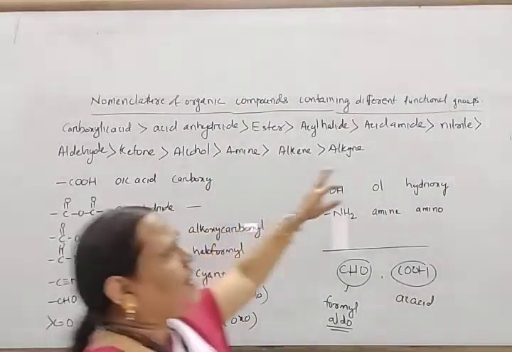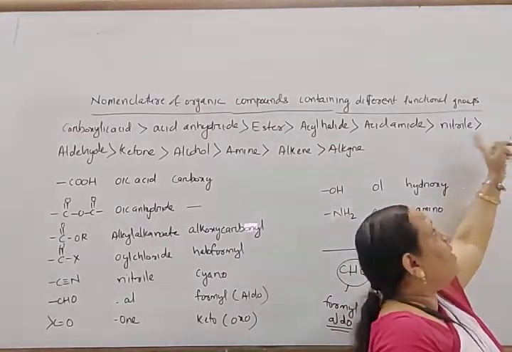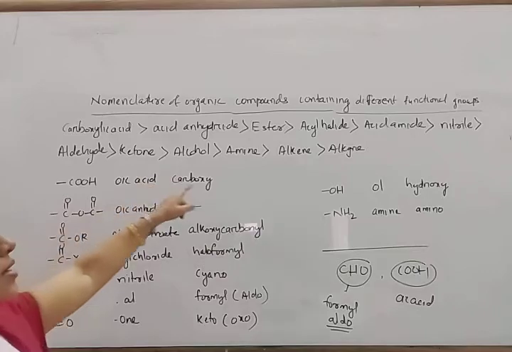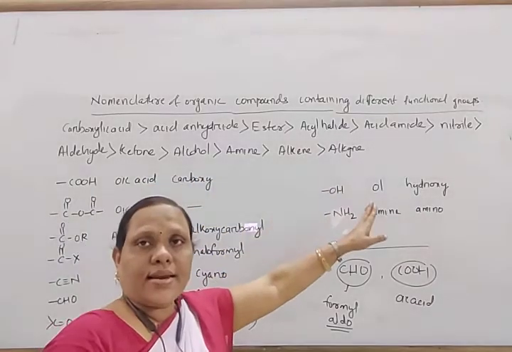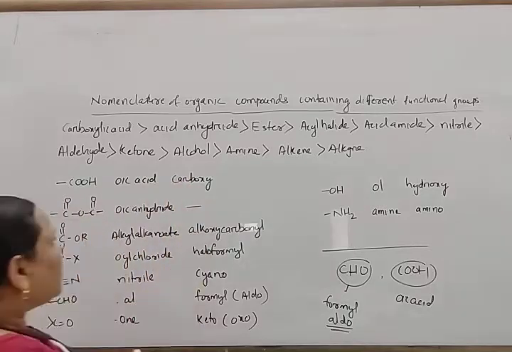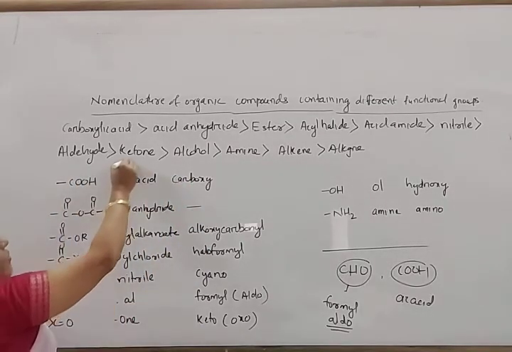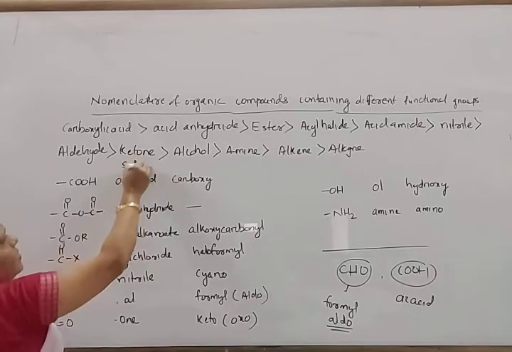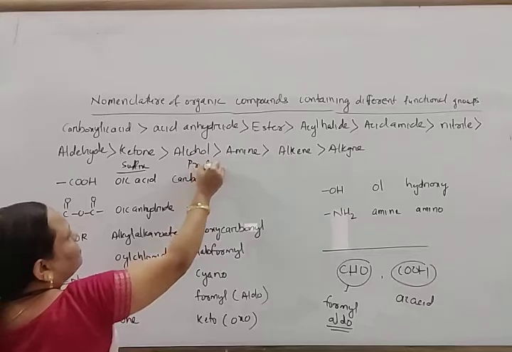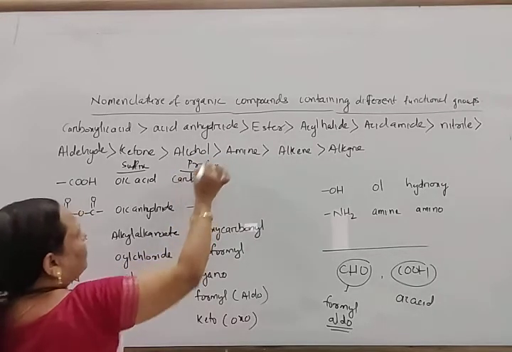And if isonitrile is there, then isonitriles come here. So nitrile, isonitrile, then aldehyde, ketone, alcohol, amine, alkene, and alkyne. In this way, this is the priority order. So for the same group, we need the structure of the group, what word we use when it is used as a suffix, and what word we use when the same group is used as a prefix.